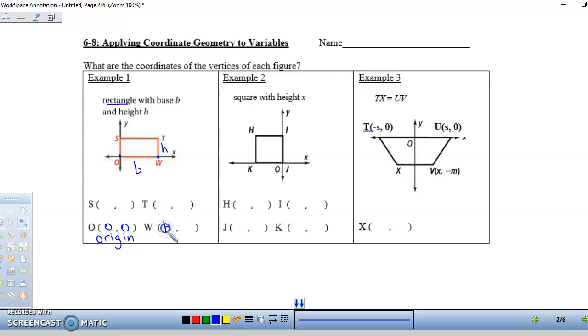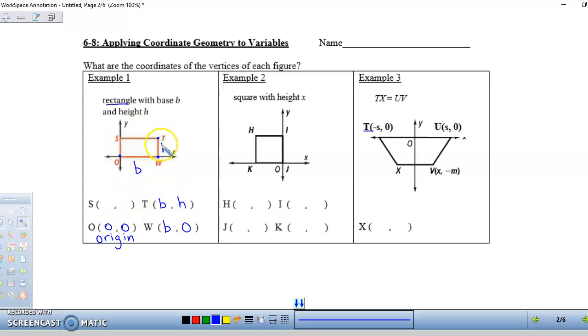So I'm going positive b and then going up 0. So W would be at the point b, 0. Okay, to get T here, I always start at the origin. I'm going to go across b and then up h to get to T. So across positive b and then up is positive h. So point T is at b, h.